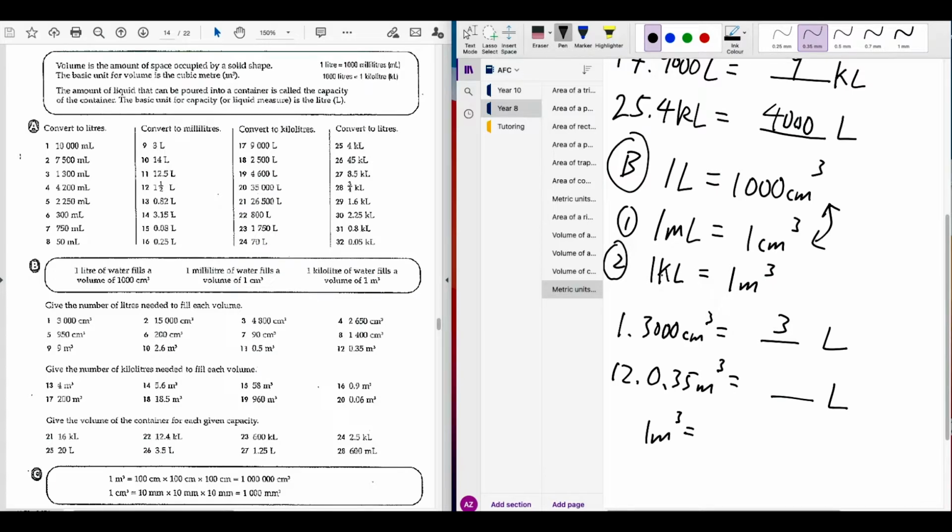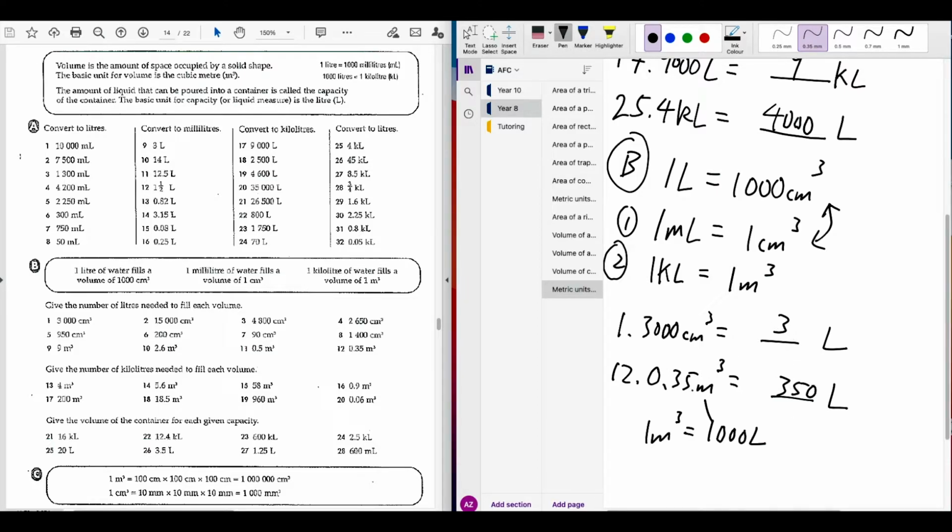We know that 1 kiloliter is equal to 1,000 liters, right? So that means 1 meter cubed is equal to 1,000 liters.